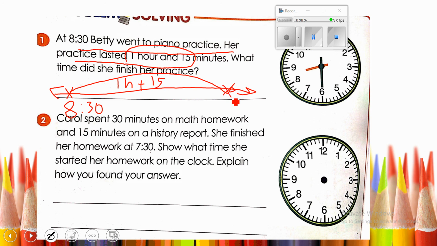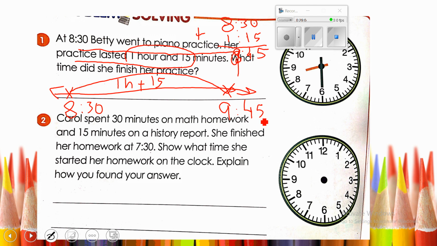What's my new time? Here I want to add. Let's add together. 8:30 plus 1 hour and 15. 0 and 5 is 5. 3 and 1 is 4. 8 and 1 is 9. So she will finish at 9:45.